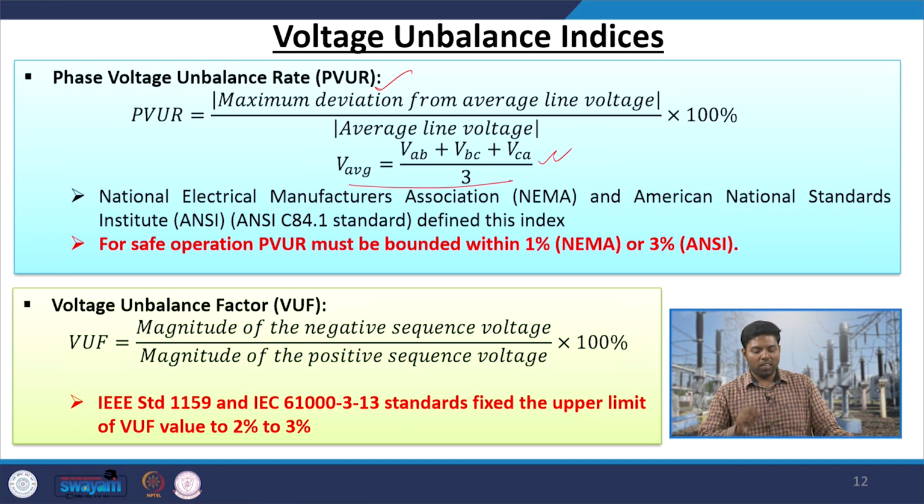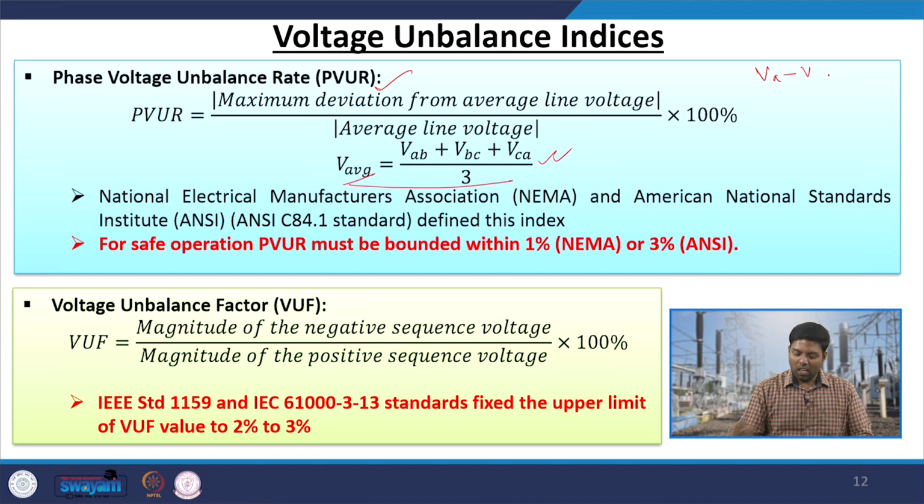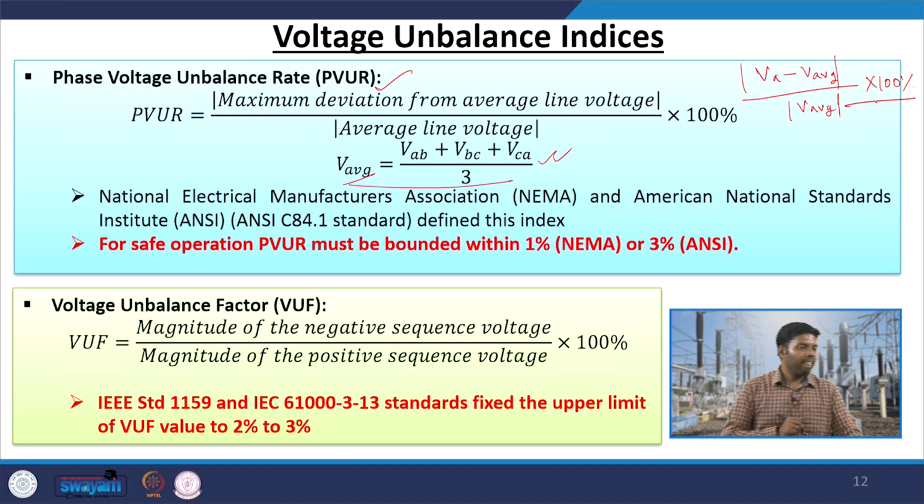That means, for a particular phase VA, your PVUR value will be the maximum deviation divided by V average into 100%. So this is how your PVUR values are calculated, and the National Electrical Manufacturers Association says that this value must not go more than 1%.